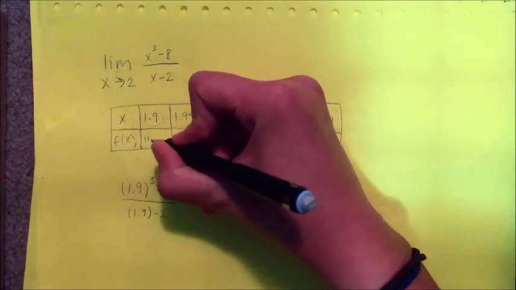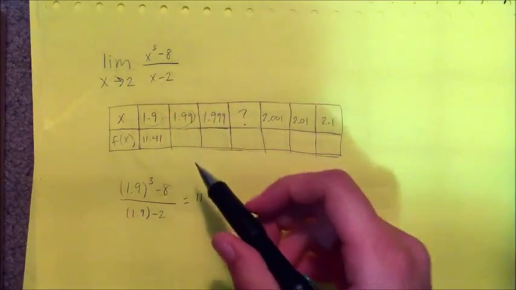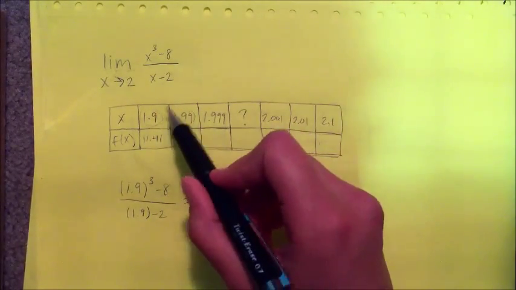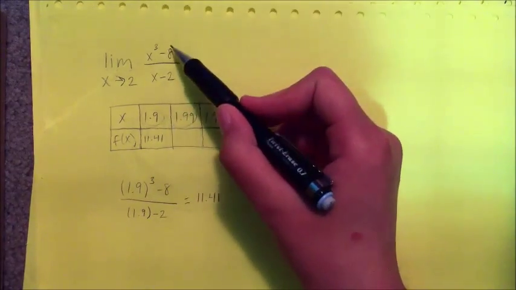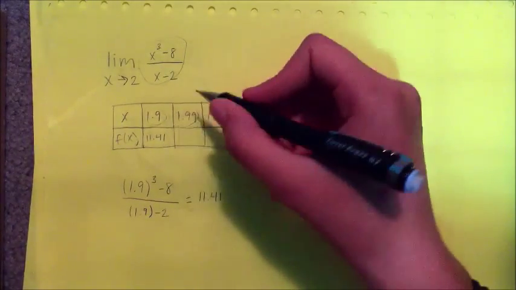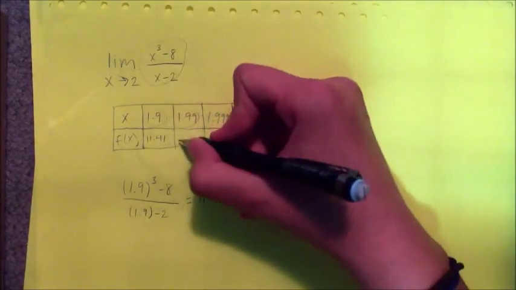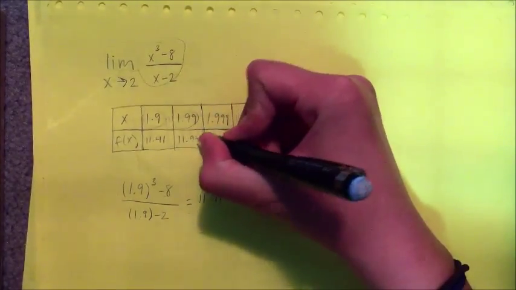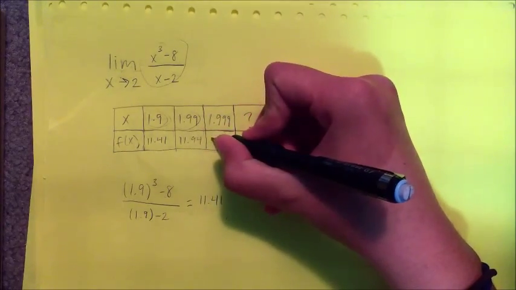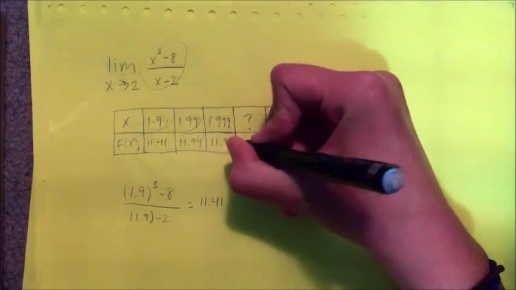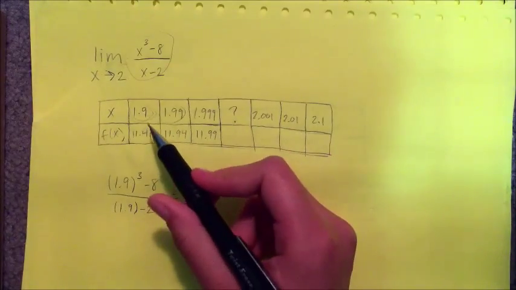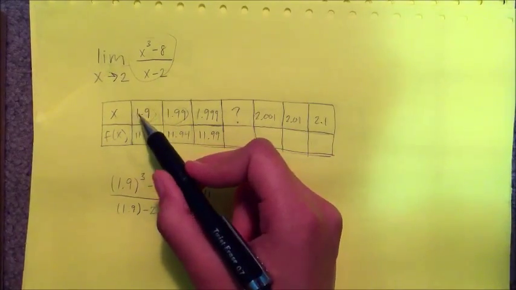So 11.41 goes here, and then you just keep plugging in each of these x values into this function right here. So plugging in 1.99 into this function will give us 11.94, and this one will be 11.99. So this is all approaching 2 from the left.